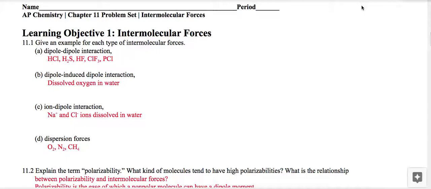Hydrogen bonding is a specific kind of intermolecular force that we see, say, in water or some other molecules that we'll talk about later. But we have to be able to identify those three different kinds of intermolecular forces, and then also look at polarizability, which is question number 2, and how that relates to intermolecular forces.